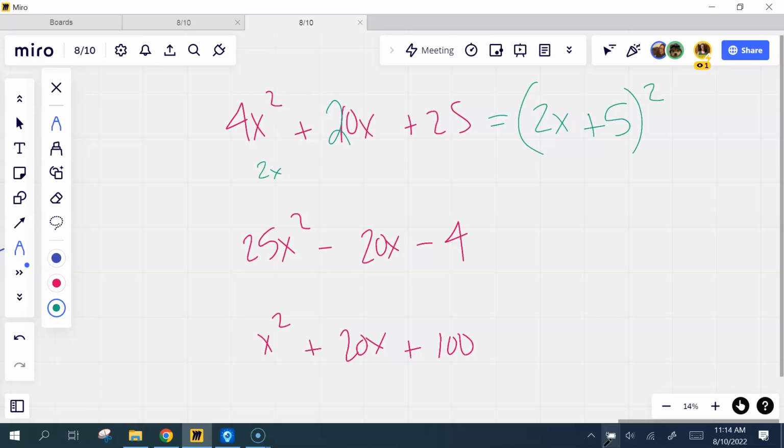What's the square root of 25? If you multiply those together, you get 10x, but you also have to double it. The ends of the middle sign. After you take the square root, yeah.